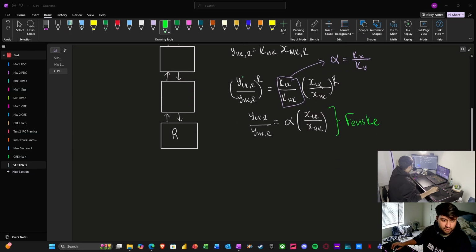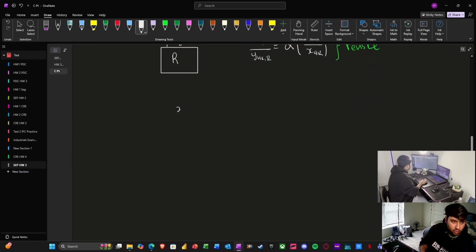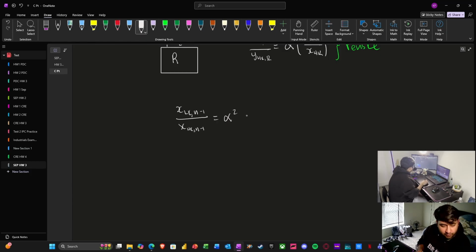And so now to start with the next thing, go back to white. What we're going to look at is our x of K, but we're going to be looking at the tray below. So we're going to do n-1 of our heavy key, which equals the square of our relative volatility, multiplied by the heat of vaporization of our light key over the heat of vaporization of our heavy key, and that's in terms of the reboiler.